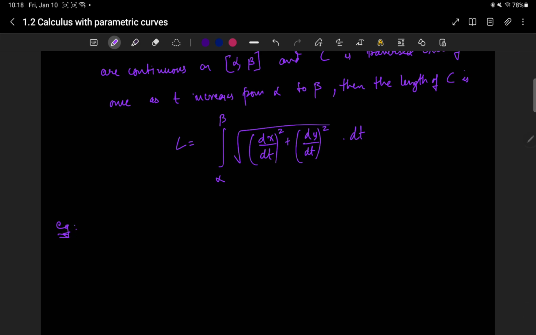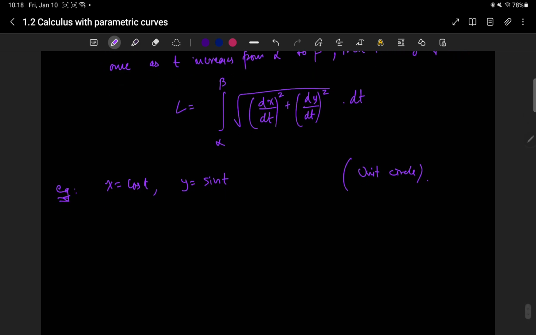Let's use this example to work with the unit circle, because we know what the arc length for a unit circle should be, right? So suppose we have x equals cosine t and y equals sine t, which recall is a unit circle. So what do we need here? We need dx/dt, which is negative sine t, and dy/dt, which is cosine t.